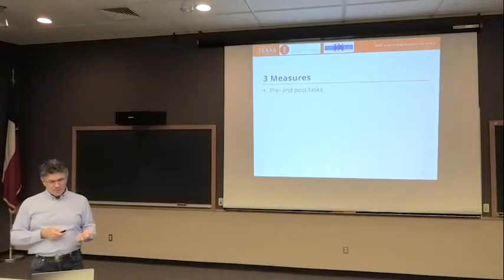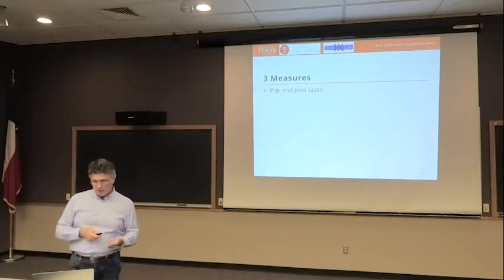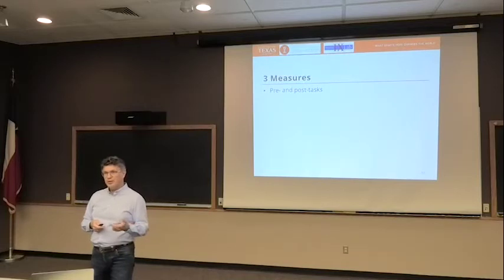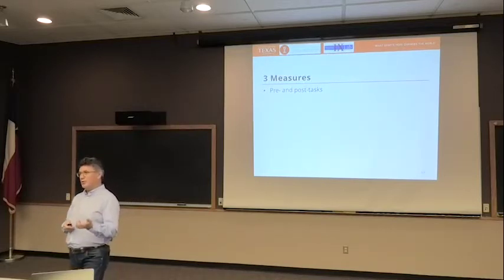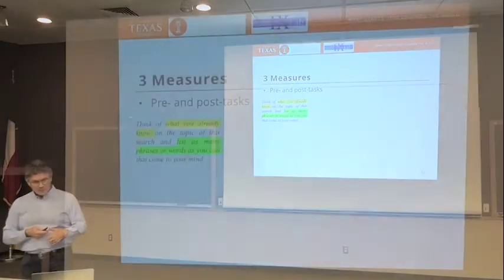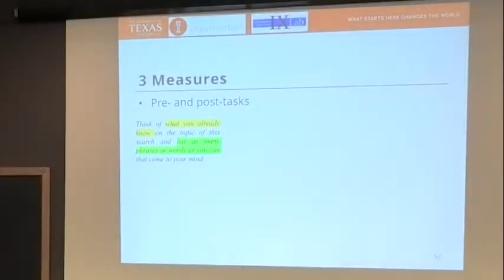So to measure the change in their vocabulary knowledge, they were asked to freely generate keywords on the topic of search before and after the task. So they were entering the keywords in an empty text box.